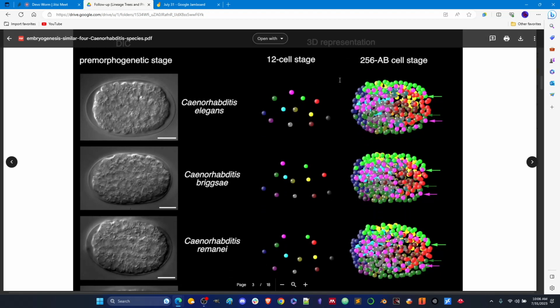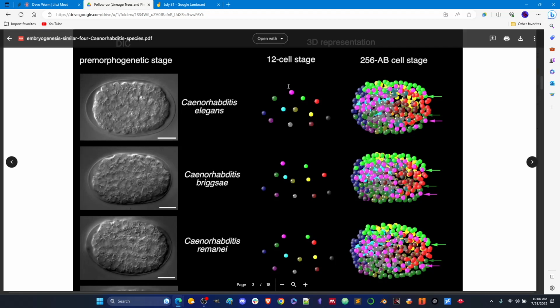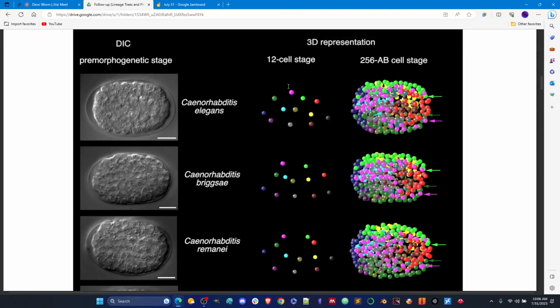They're looking at the 12 cell stage here, where you have the cells, and these are the 3-dimensional positions, and they're color coded by their fate. In this type of development you have, in the nomenclature, founder cells, and those founder cells are the basis for all the cells that descend from them.